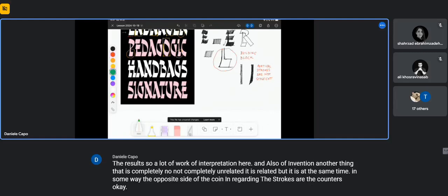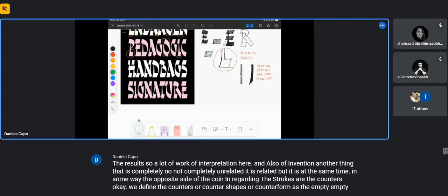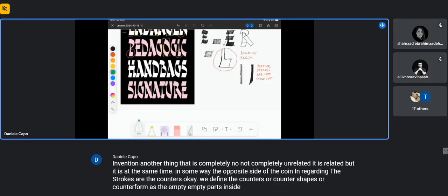We define the counters, or counter shapes, or counter forms, as the empty parts inside the filled shape.